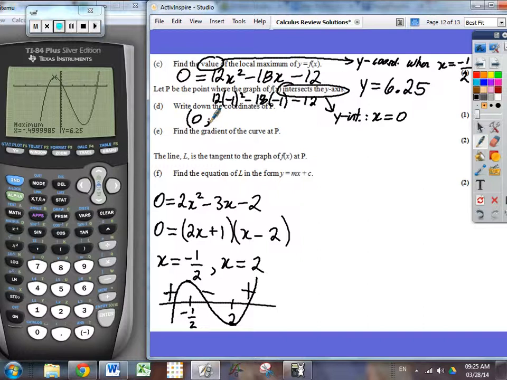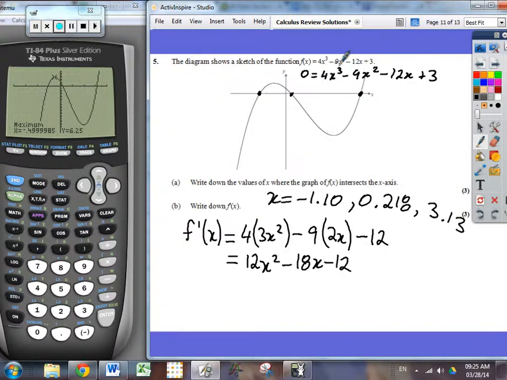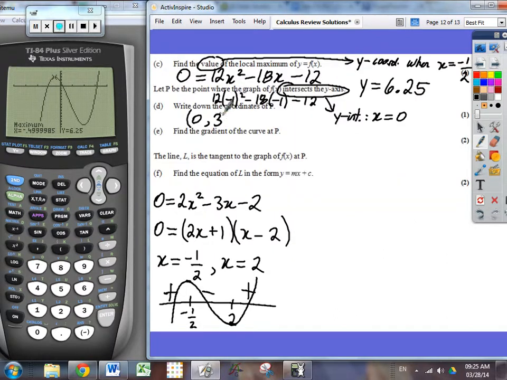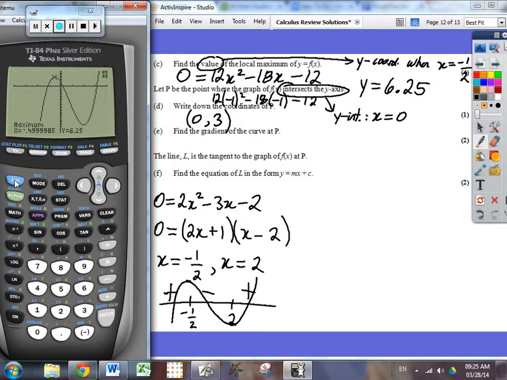If we substitute 0 into the original function, you'll see that the first three terms will all disappear, and I'll be left with just a 3. Another way we could have done this is by finding out what is the value of y when x is equal to 0, and it will tell you that y is equal to 3.